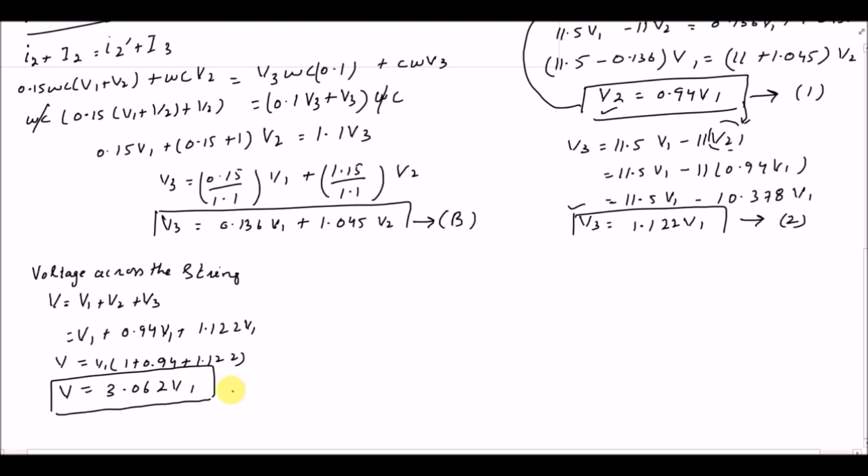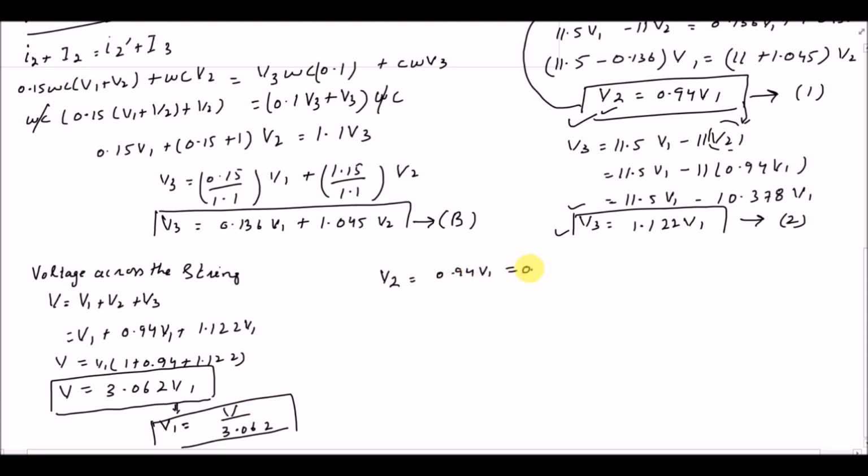And from this equation we can write V1 is equal to V over 3.062, right? So now we have the values of V2 and V3 in terms of V1. So from here we can calculate the values of V2 and V3 in terms of voltage across the string. So V2 is equal to 0.94 V1.